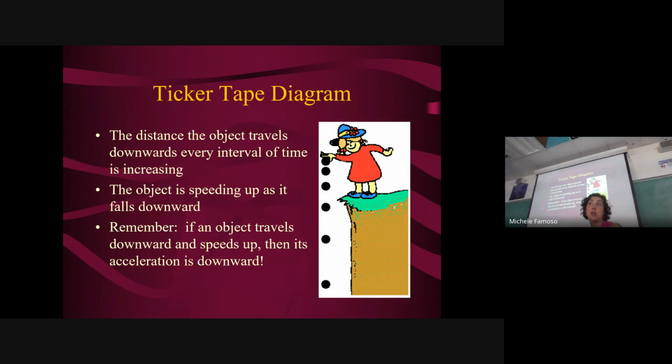It means our acceleration is also down, the same direction. So that's our ticker tape, our motion diagram, describing what we see on that ticker tape.